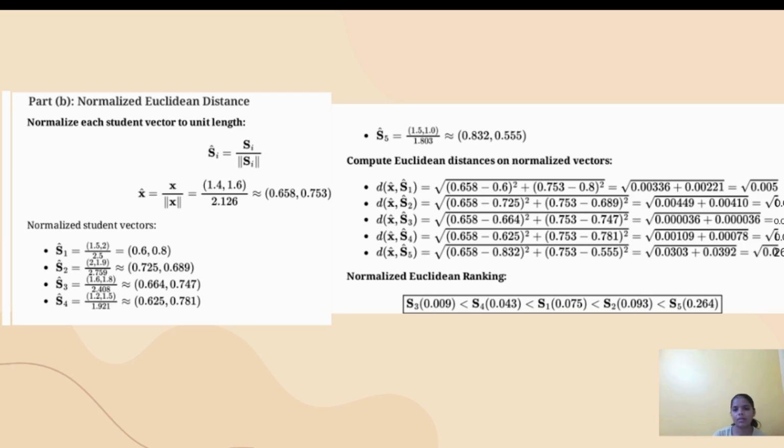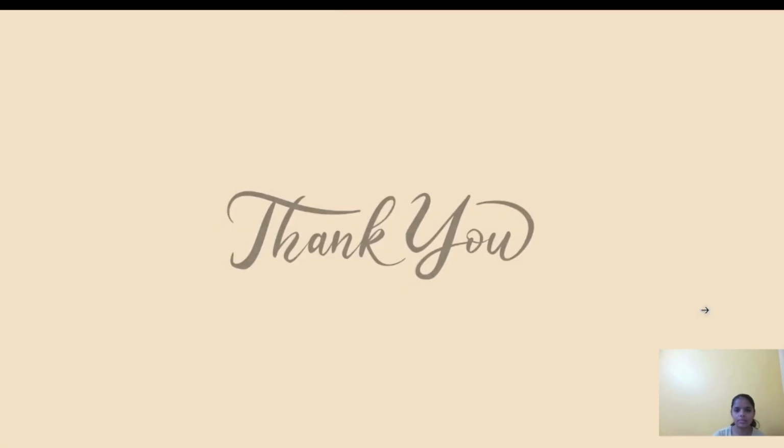When we calculate this, our distance is under root 0.005. Similarly, we will perform this for student S2, S3, S4 and S5 vectors. When we check the rankings, here S3 is the smallest one, then S4 is greater than S3, then S1 is greater than S4, S2 is greater than S1 and S5 is greater than S2. Thank you.